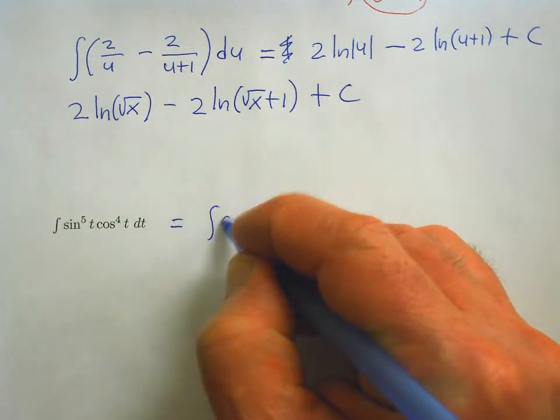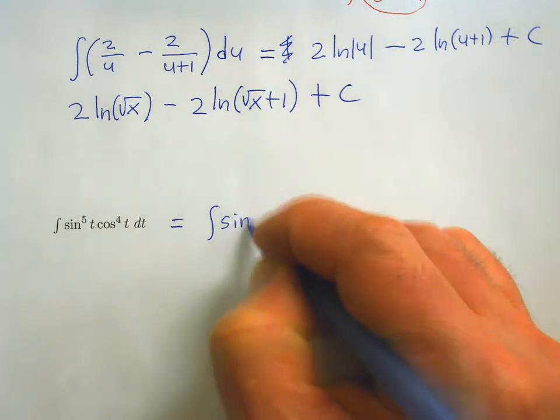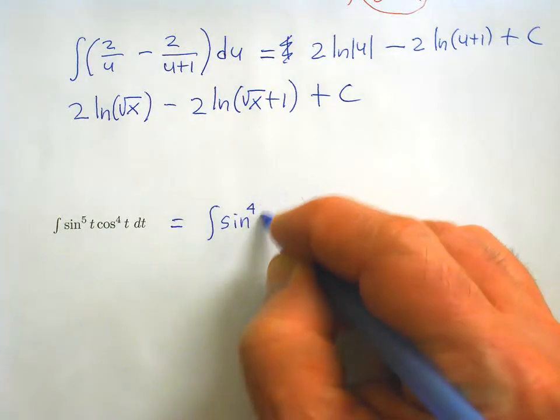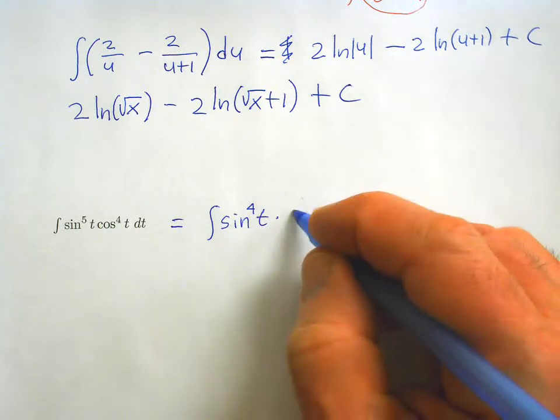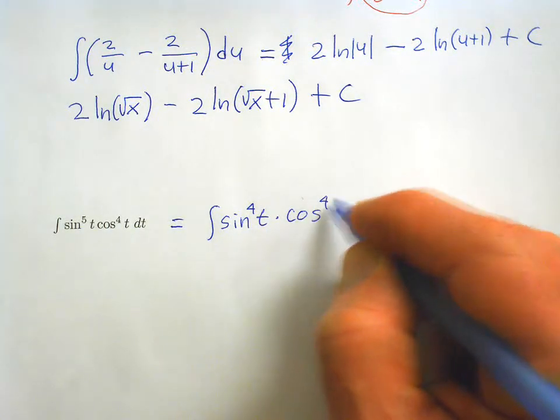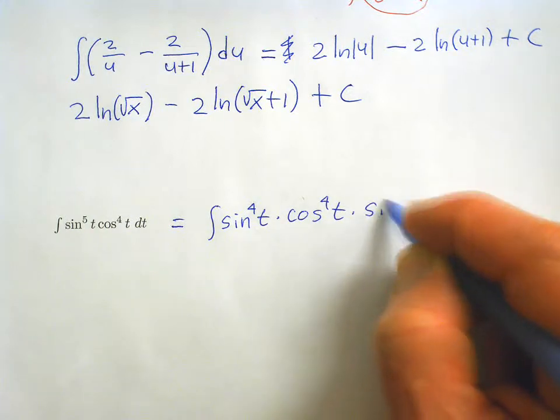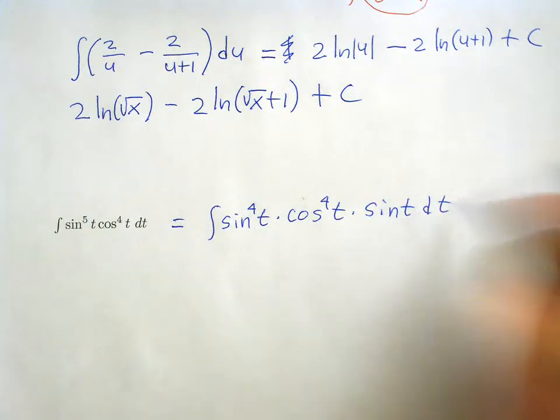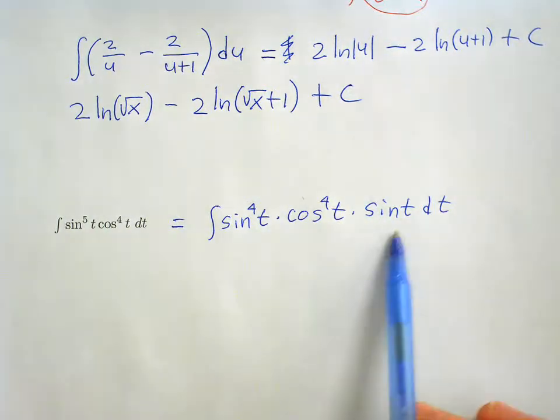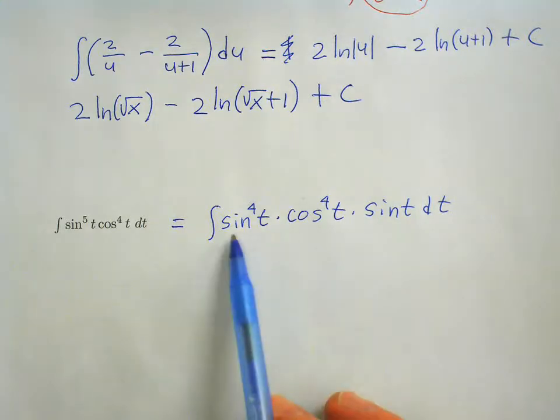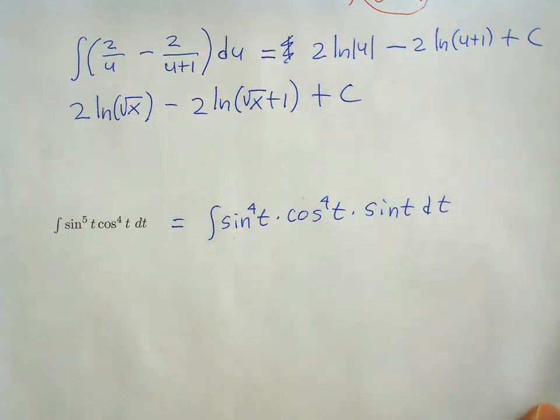So I'm going to rewrite the integrand as sine of t to the 4th times cosine of t to the 4th times sine of t dt. And now I'm going to replace sine of t to the 4th with an expression in terms of cosine.